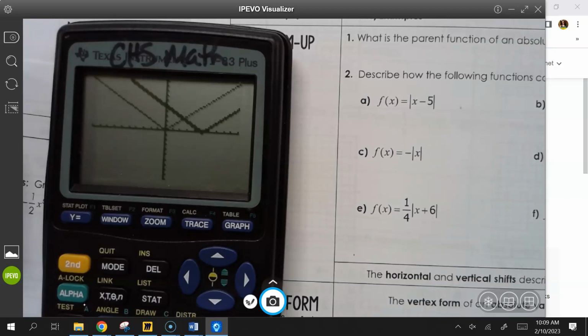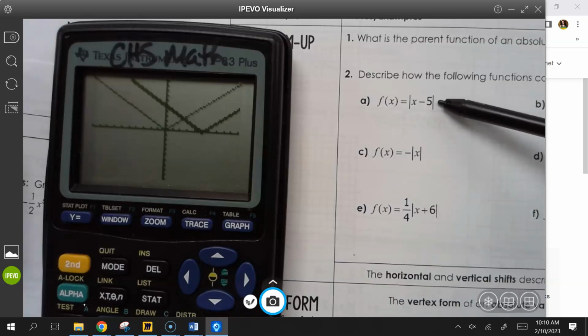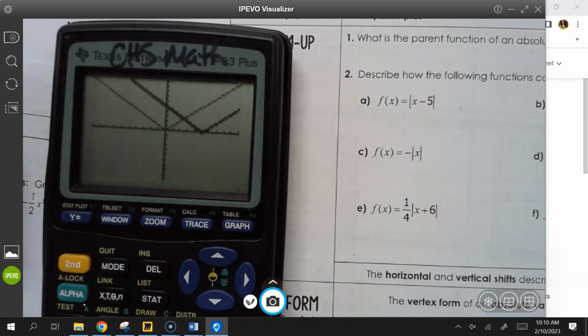What do you think? 1, 2, 3, 4, 5. You think that's a coincidence? Look at the equation we graphed. Look at what we got. So how is it different? It slid to the right 5. Do you see that? Okay, let's check the next one.